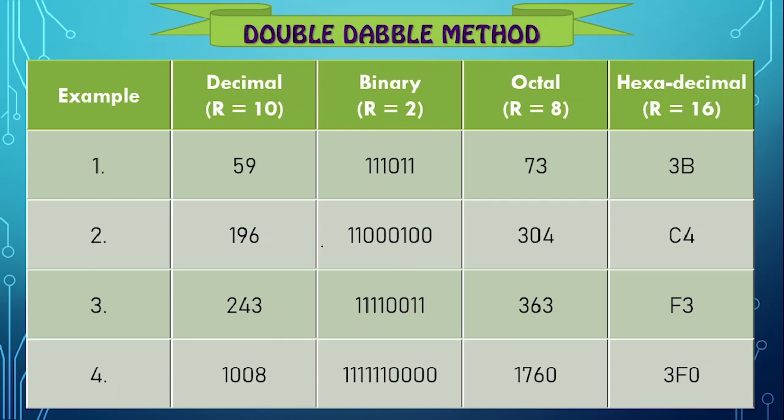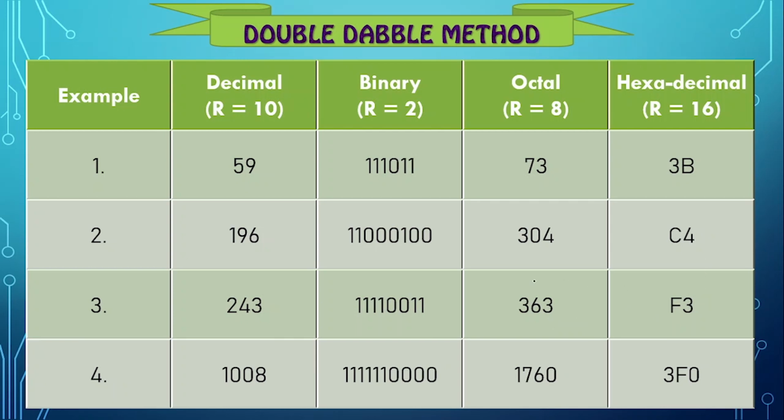So 196 can be represented as 11000100 in binary, 304 in octal, and C4 in hexadecimal. Similarly, 243 can be represented as 11110011 in binary, 363 in octal, and F3 in hexadecimal.